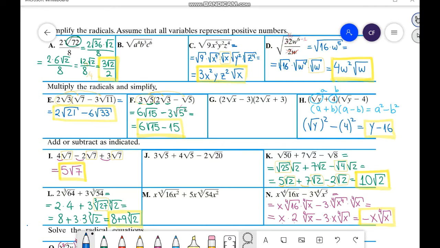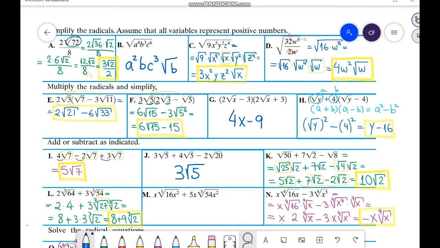For letter B, a squared b, c cubed square root of b. For letter G, 4x minus 9. For letter J, 3 square root of 5.